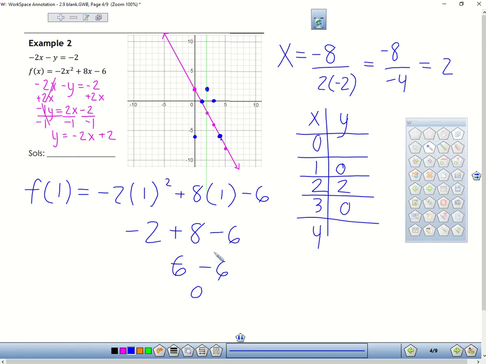Everybody see how I was able to find that? Okay, so then I would connect this, and we would get our 2 solutions to be where they intersect, which appears to be at 1, 0, and at 4, negative 6.